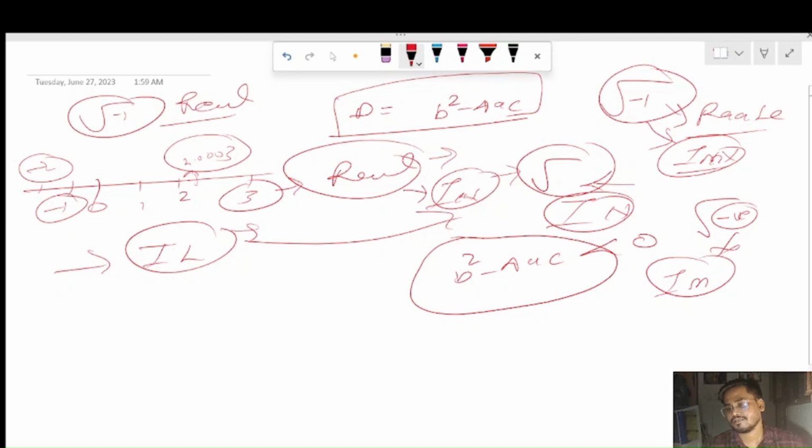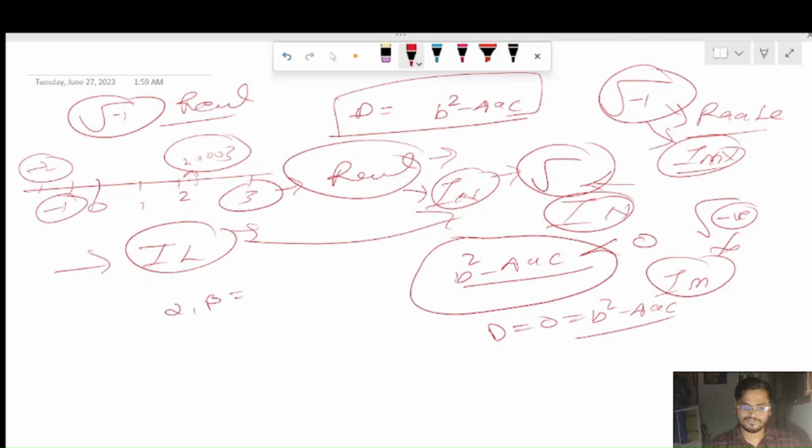When b square minus 4ac becomes equal to 0, then our roots alpha and beta will become minus b plus minus 0 upon 2a, meaning minus b upon 2a, so the values of alpha and beta are the same.